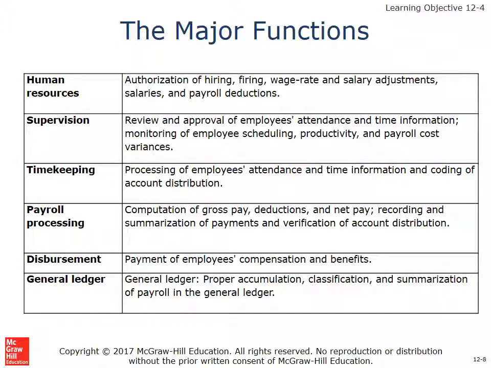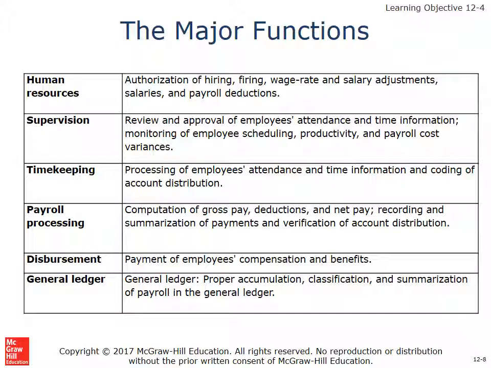Timekeeping. Timekeeping is the department that processes the employee's attendance and time information and codes it to the proper account distribution. And then payroll processing, which is usually done through IT, the computation of gross pay, deductions, and net pay, recording and summarizing these payments and verifications of account distributions.